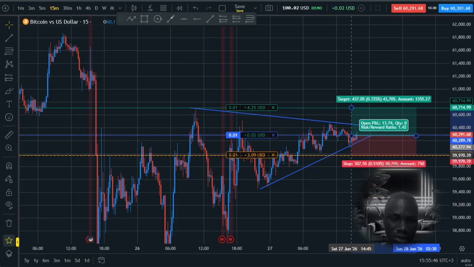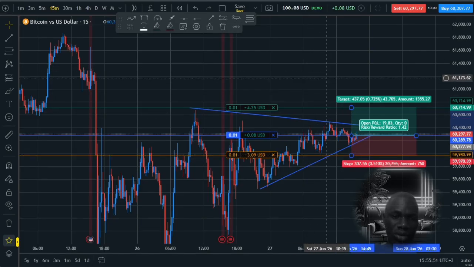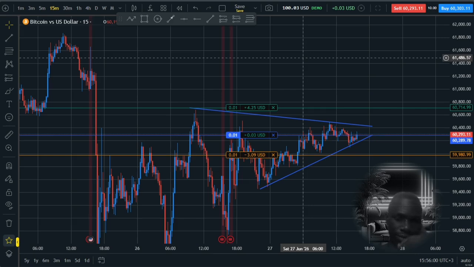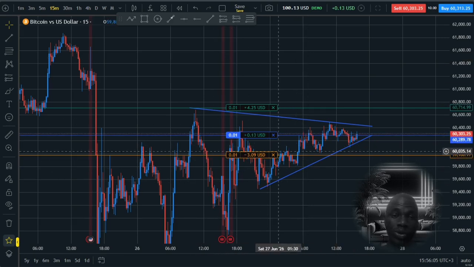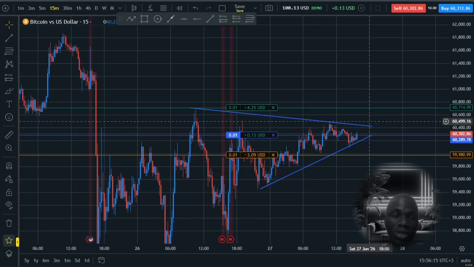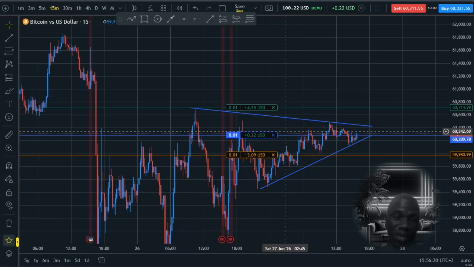Our setup is 1 to 1.4. This one divided by this one, our setup is 1.24, 1.1 to 1, 1 point something. But it is a good setup.